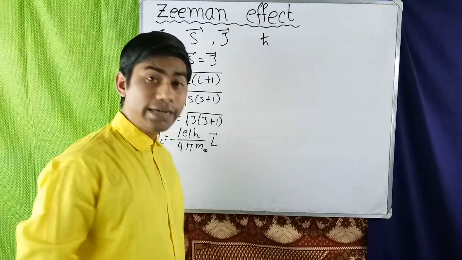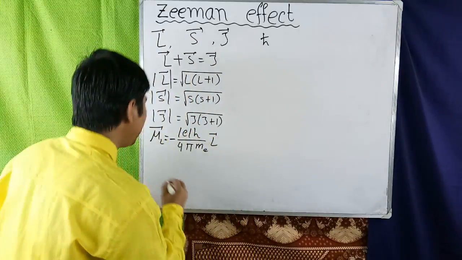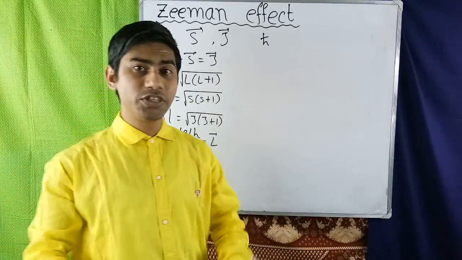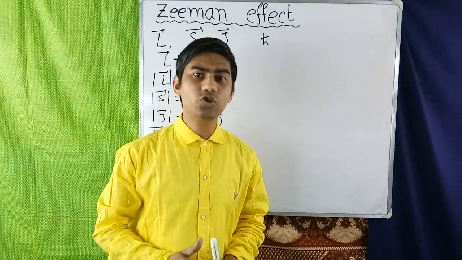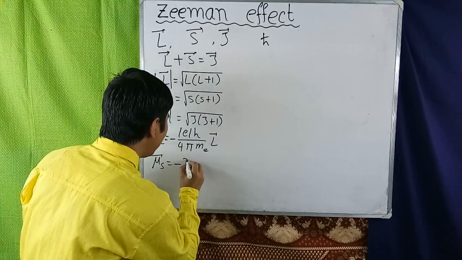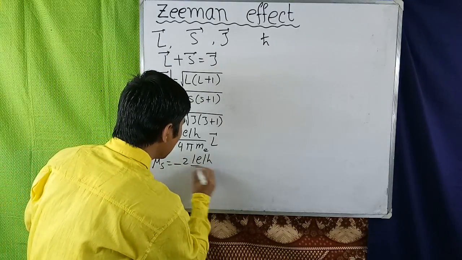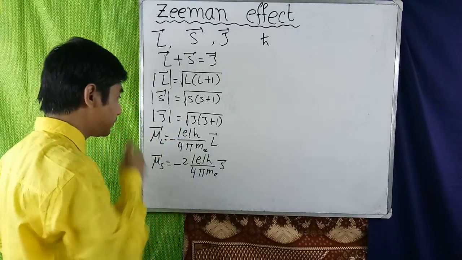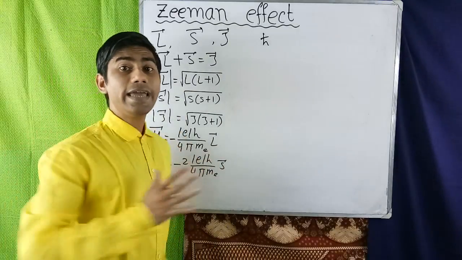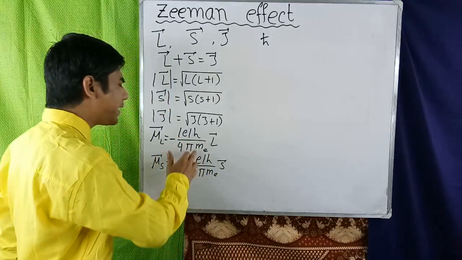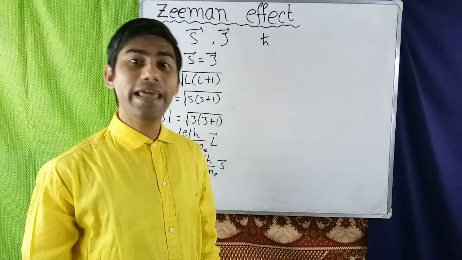Okay, and the magnetic dipole moment mu s vector due to the spin motion of all the electrons of the atom is given by mu s vector equals minus 2 eh by 4 pi me into S vector. Okay. Now here e is the electronic charge, h is Planck's constant, and me is the mass of electron.